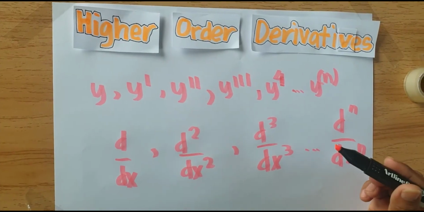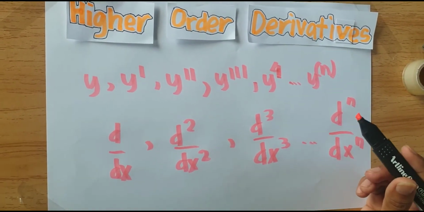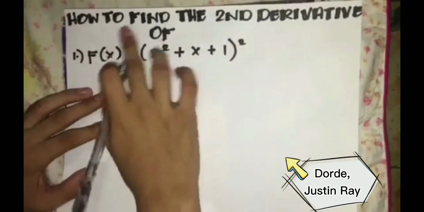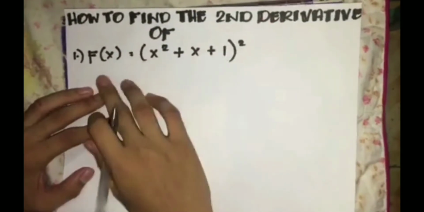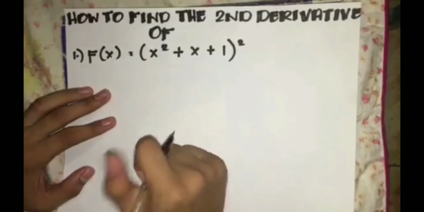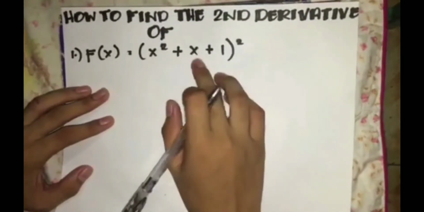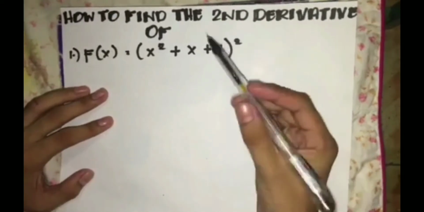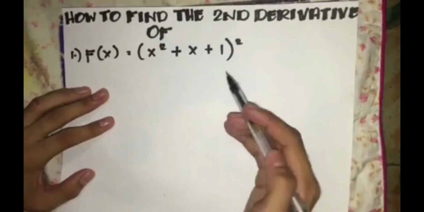So we prepared 4 examples, and here are our 4 examples. We're going to find the second derivative of f of x equals the quantity x squared plus x plus 1, squared. So first, you need to factor out the volume.